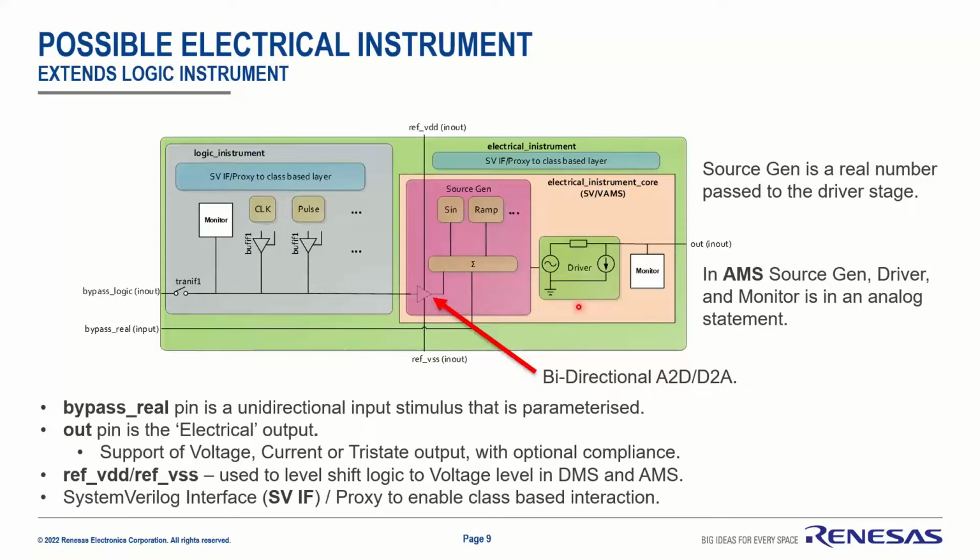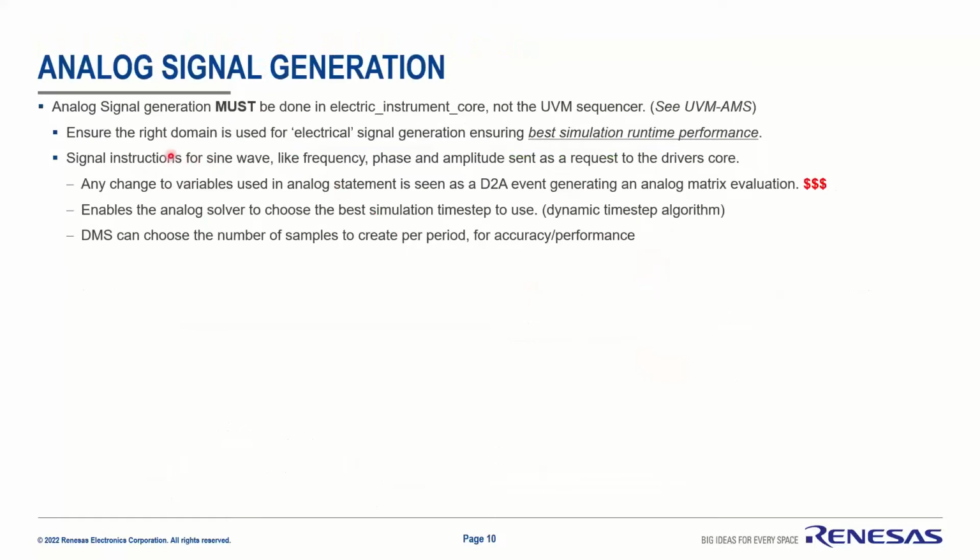When it comes to generating a sine wave and things like that, in AMS it needs to be done in the analog domain, otherwise you are likely to get incorrect results. So it ensures the right domain is used, which actually will ensure the best simulation runtime. People often think that if they generate it digitally it will be quicker. No, you can actually make it run a lot slower.